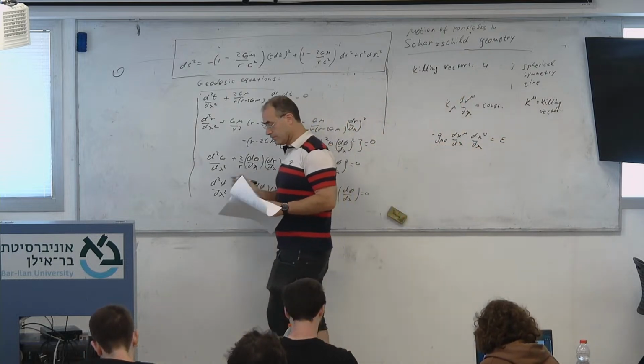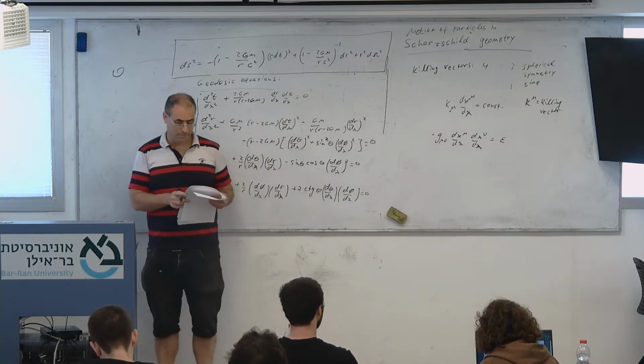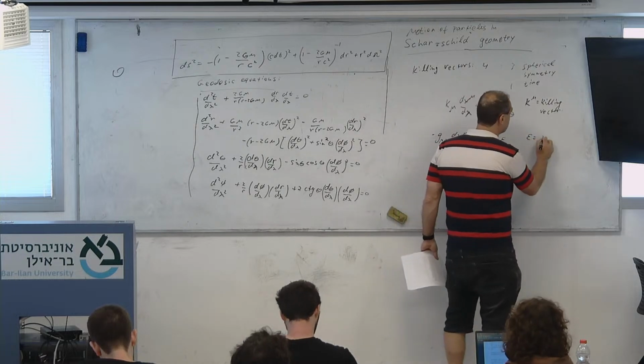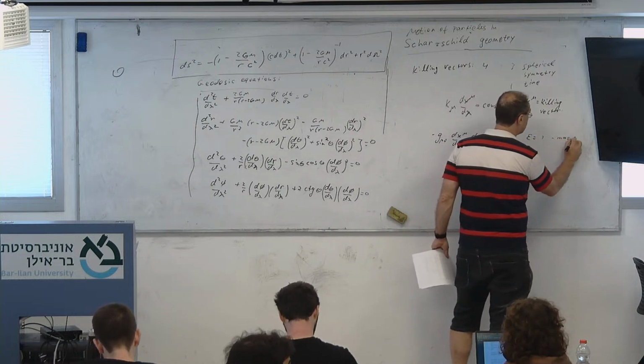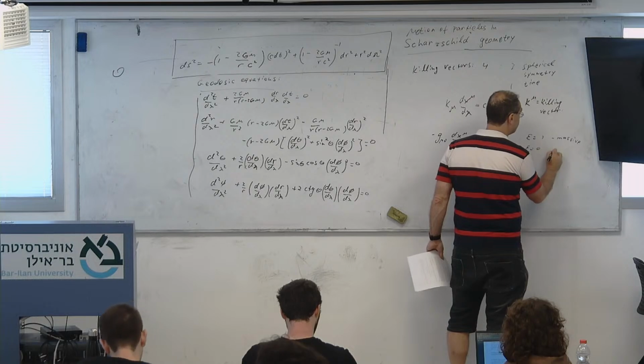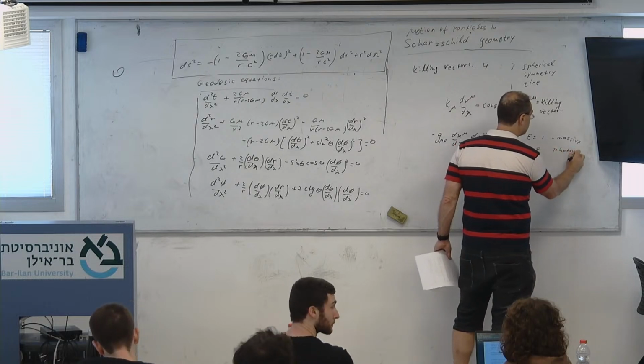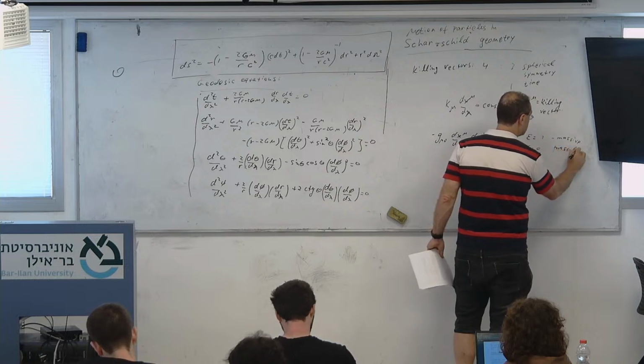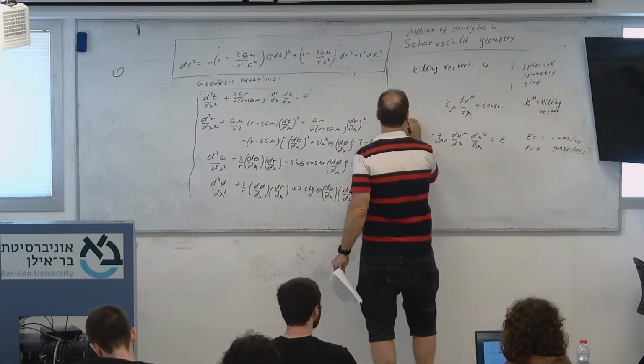Epsilon is a constant, equal to 1 for massive and 0 for photons, or massless. This follows from the metric compatibility.